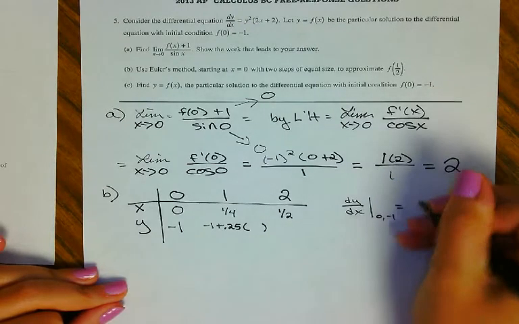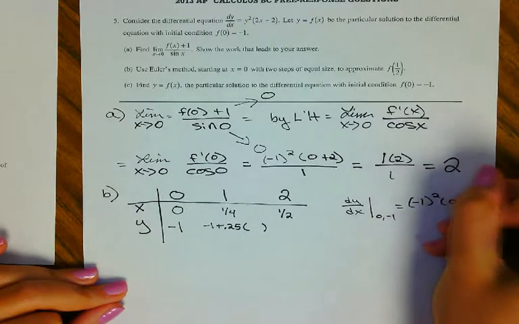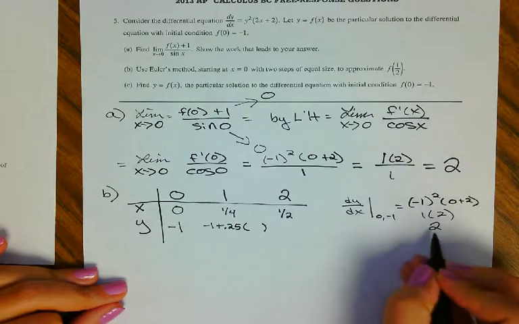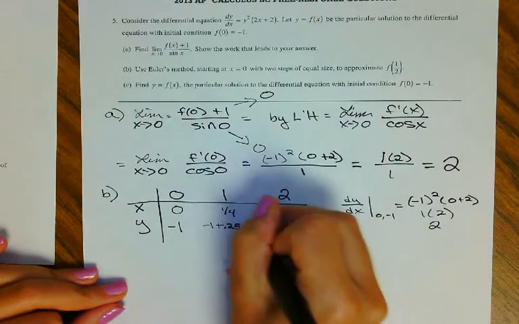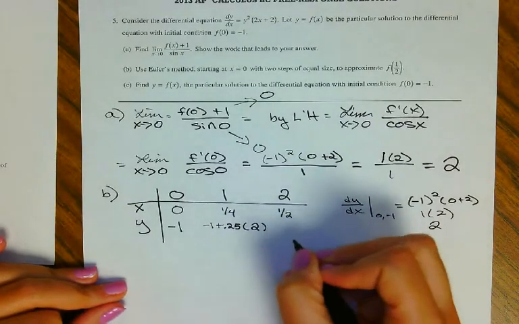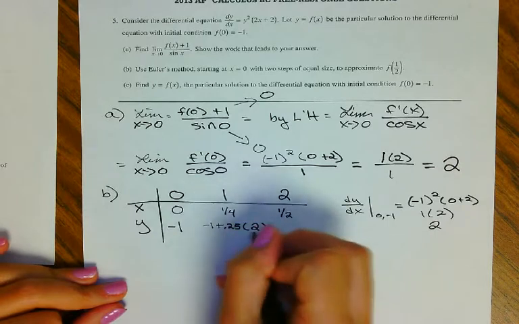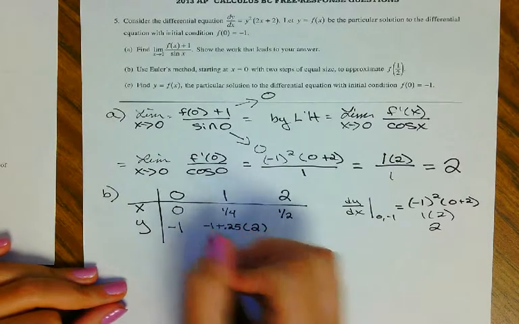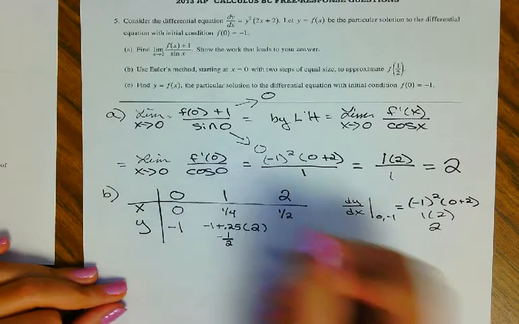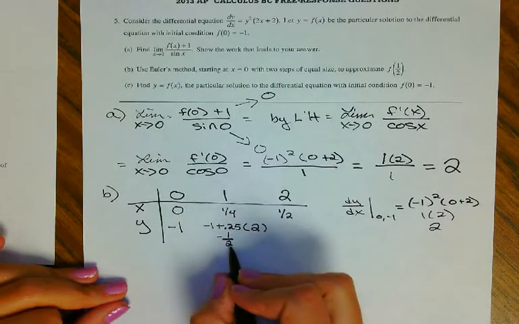We kind of already did that above, but just in case, you've got negative 1 squared times 0 plus 2, so this is 1 times 2, which is 2. You take this 2 and pop it in over there. Now we add this up, so that gives you 1/2 minus 1, which is negative 1/2. That is my output at x equals a quarter on step 1.